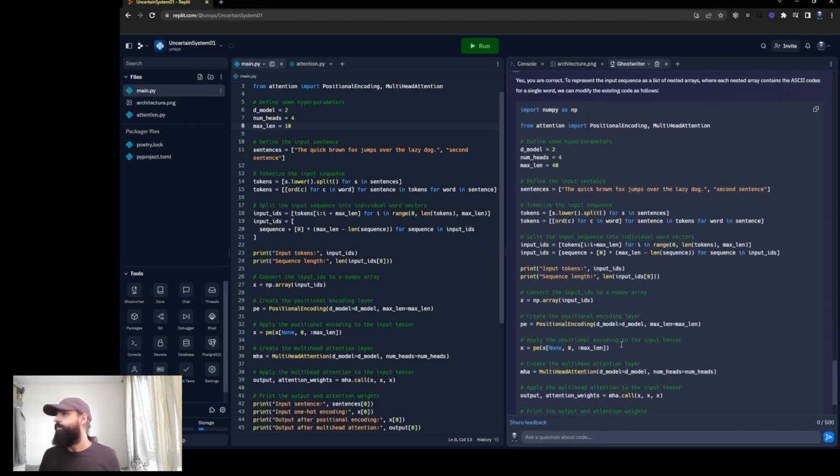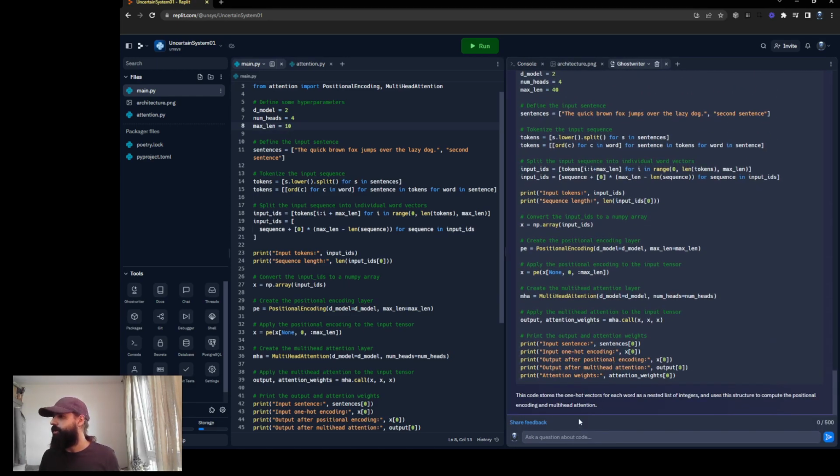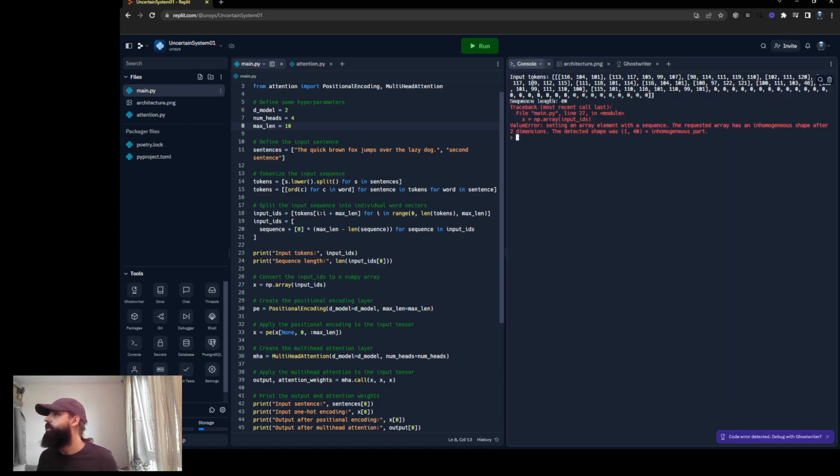Now I want each one-hot vector to be... because essentially we are processing tokens. We don't really care about the length of the sentence at this point. What needs to be padded by zeros is the word vectors, not this stuff here, right?